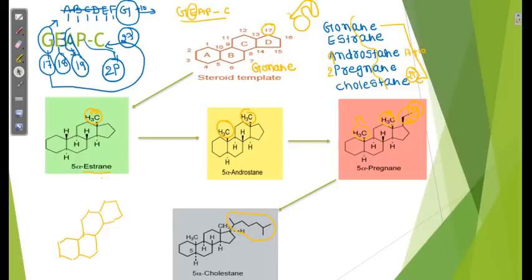I will try it again here. See here, this is a cyclopentano perhydrophenanthrene derivative. Okay, this is estrane, this is androstane, this is progestane.